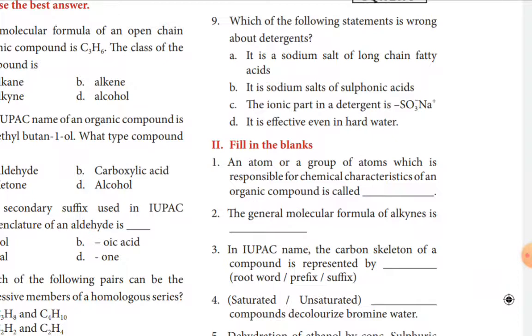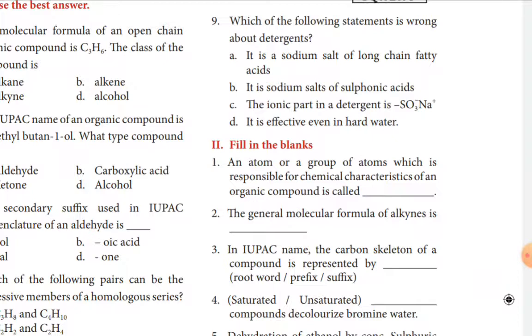What is the formula of alkane? Ending with ane, it is CnH2n+2. Alkene: CnH2n. Alkyne, ending with yne: CnH2n-2. Then, in the IUPAC name, the carbon skeleton of a compound is represented by the root word.